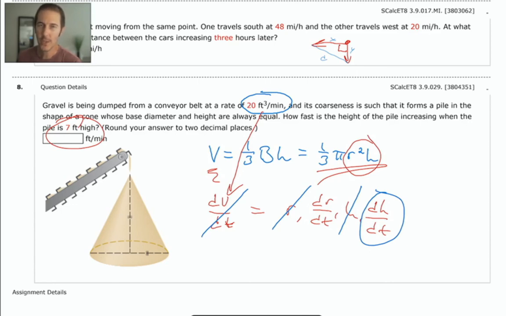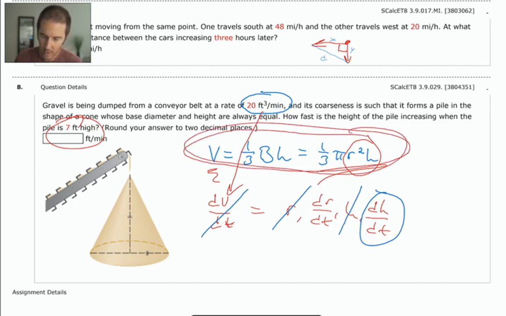I think what you should try to do is, instead of using the variable r, which is causing you to have a dr/dt that you don't know, try replacing r in that original equation with something that has to do with h. Since we know that there's a relationship between r, the radius, d, the diameter, and h, the height, see if you can replace r with something that has to do with h.